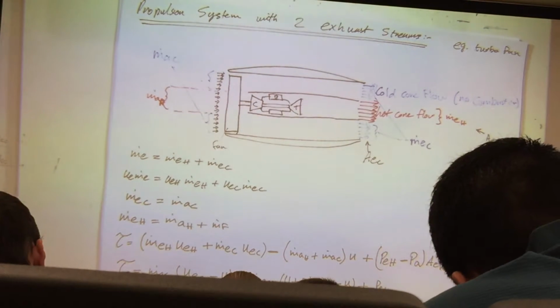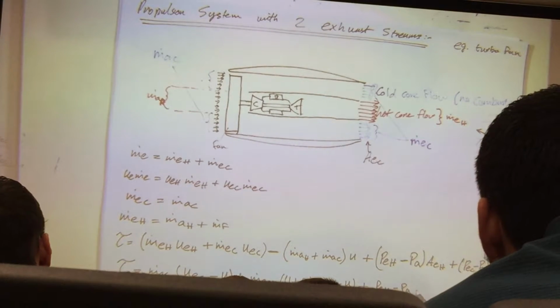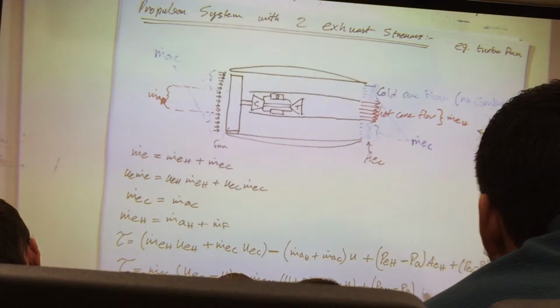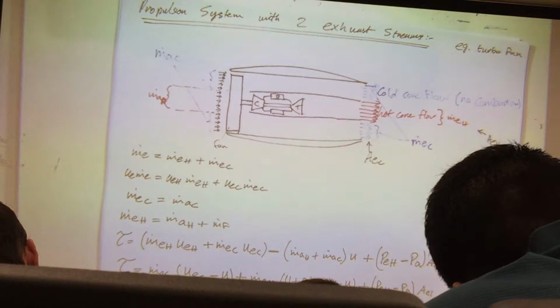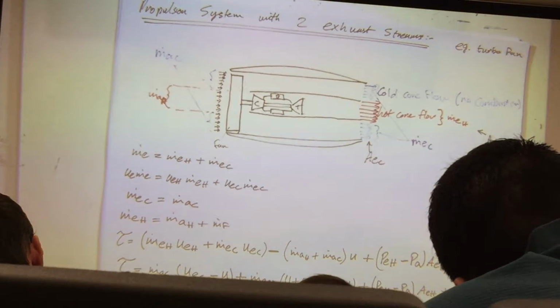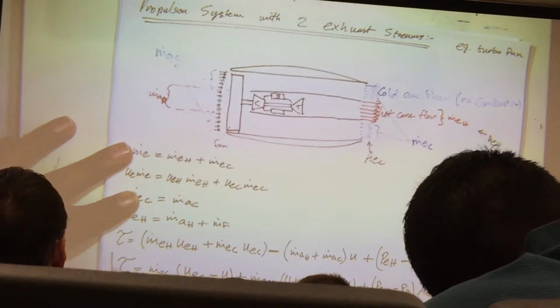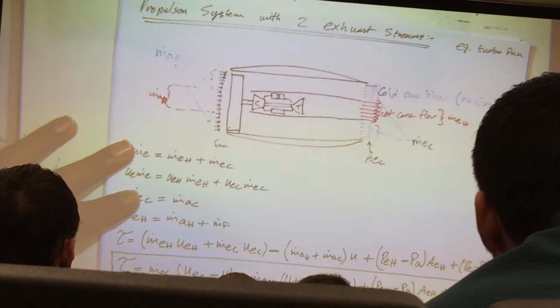So PEH minus PA, area exit H, plus your PEC minus PA. And this is the final equation that we're going to use for bypass.